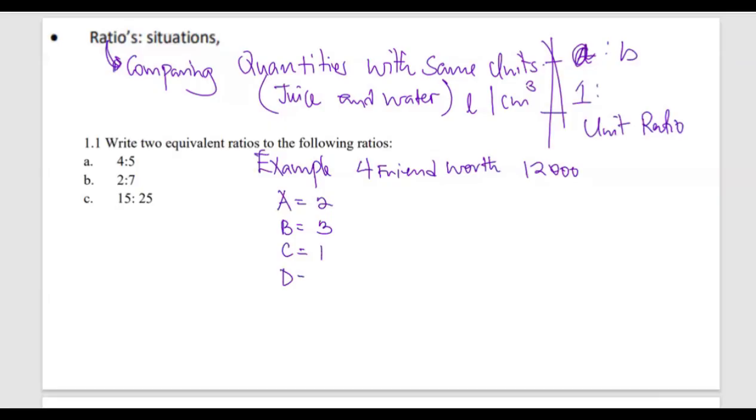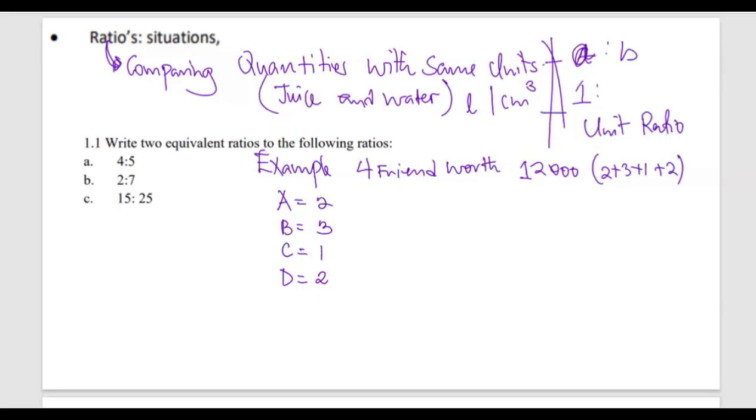Then friend D brings 2 parts also. You understand? Remember, parts of the 12,000. So what do we do? For us to find out how much A will bring, how much B will bring, we shall have to add up their shares. So we shall say 2 plus 3 plus 1 plus 2.